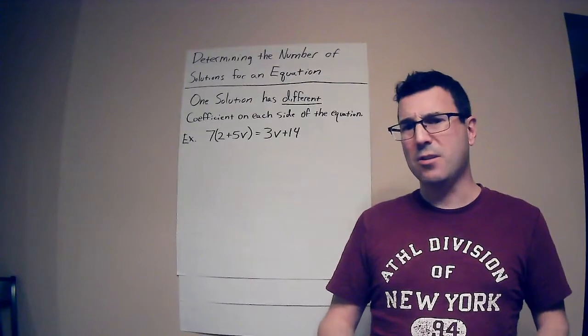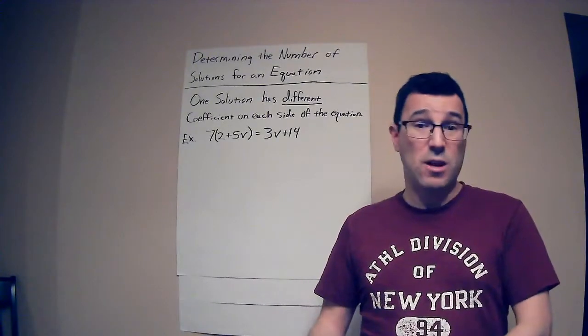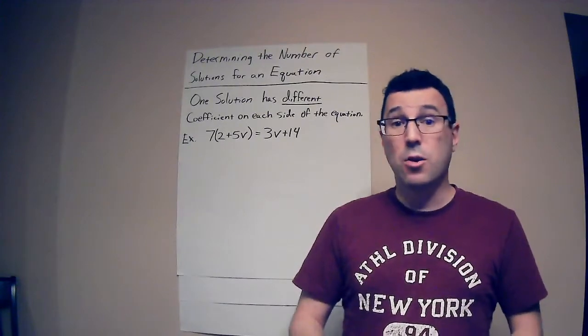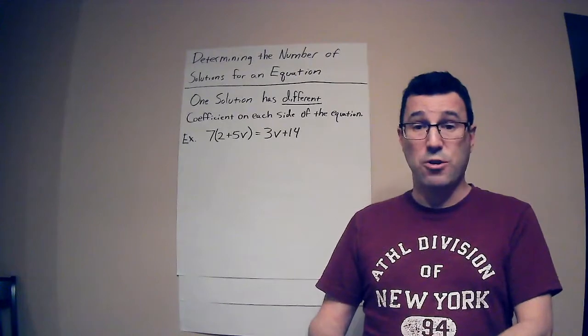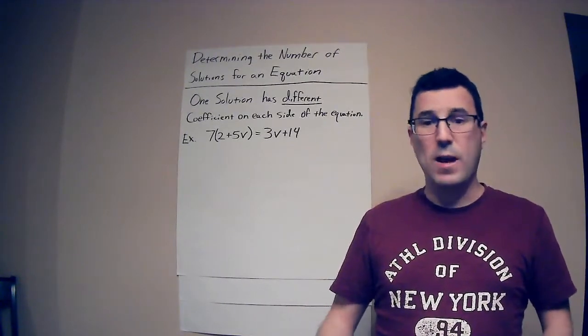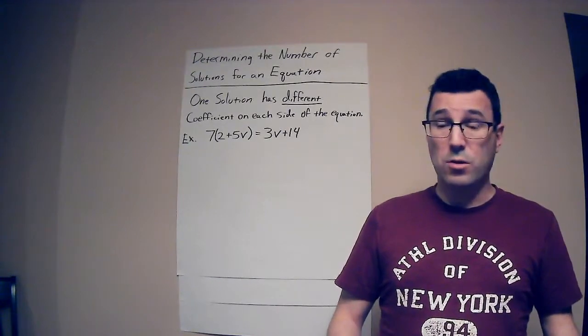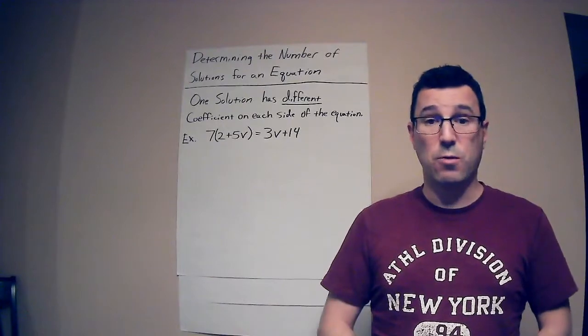But usually we can figure this out much sooner, whether we should continue trying to solve it or not. So we're going to talk about each individual situation and how to determine, without having to solve it all the way, whether we're going to have one solution, infinite solutions, or no solution whatsoever.